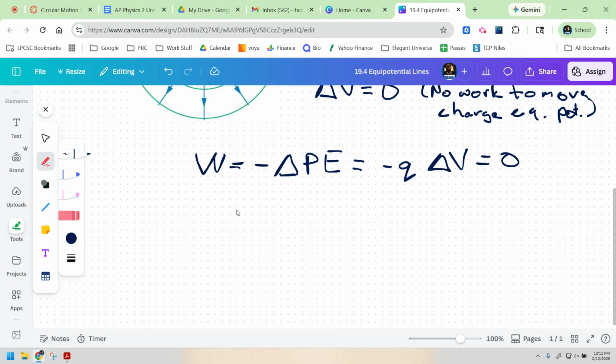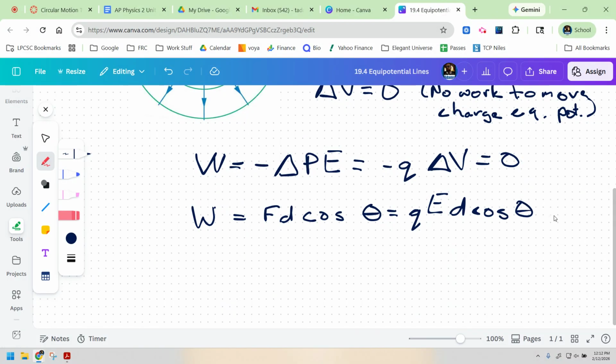So the force is the same direction as E, so the motion along the equipotential line is perpendicular to E. More precisely, we would write it like this. Work is equal to F times the distance times cosine of theta, or the charge times the magnitude of the field times the distance times cosine of theta, but again, it's still equal to 0. Okay, so this is the work related to the electric field.